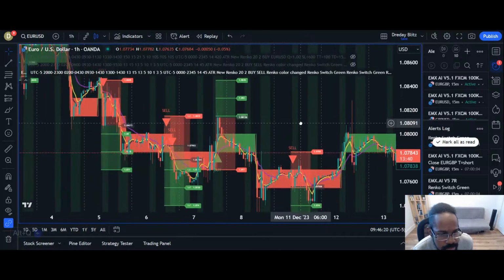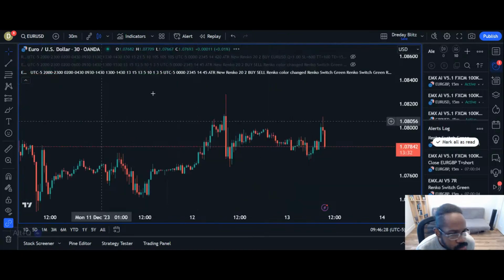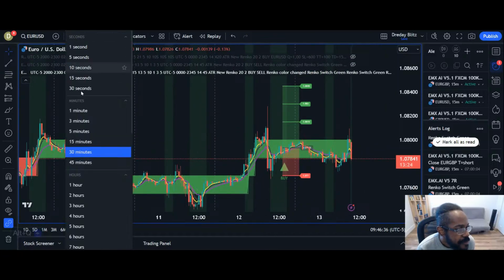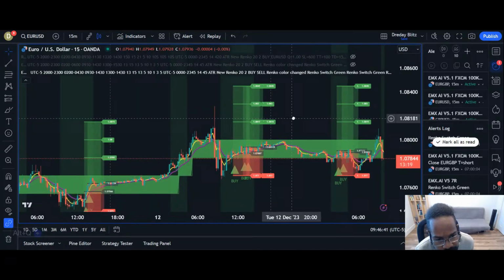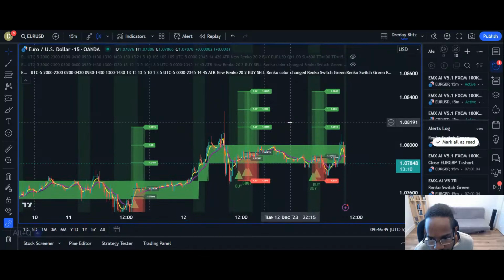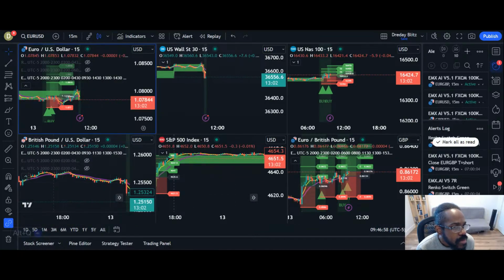So far we're at GU as a sell, EUR/USD as a buy.